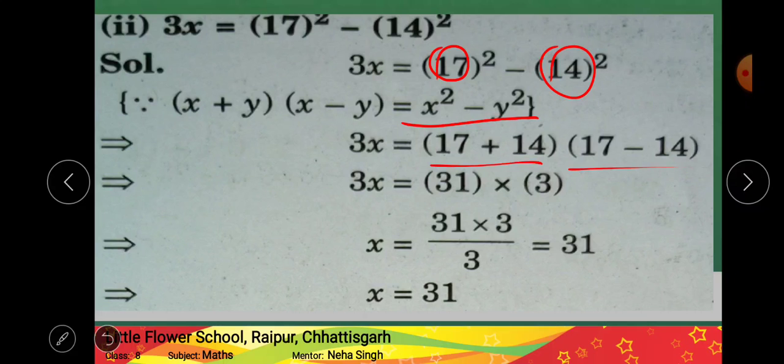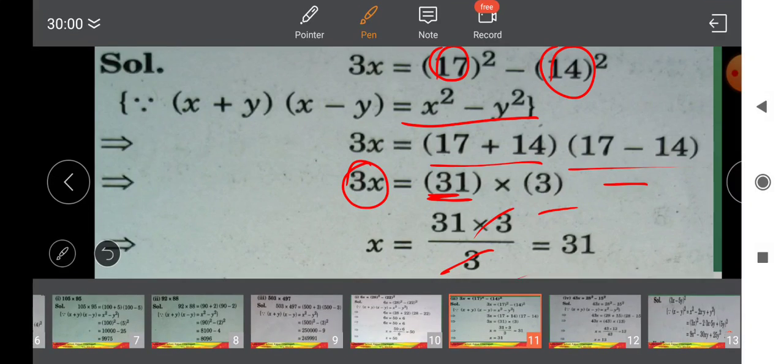So here 17 plus 14 is 31, 17 minus 14 is 3. So 3x equals 31 into 3. So x will be 31 into 3 upon 3. These two 3s cancel. The answer is 31. Right?